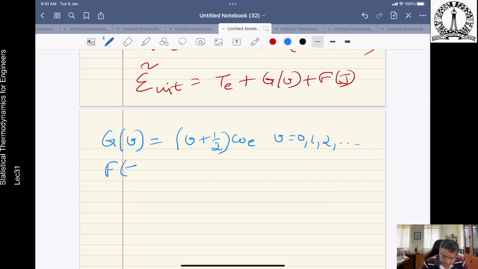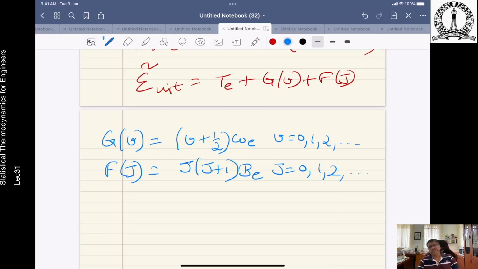And F(J), this is a recap, we already know. This is given as J into (J plus 1) times Be, where J equals 0, 1, 2, and so on.